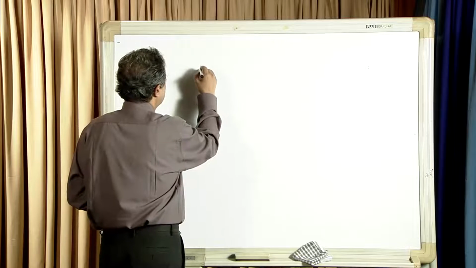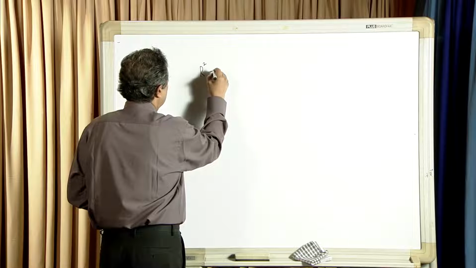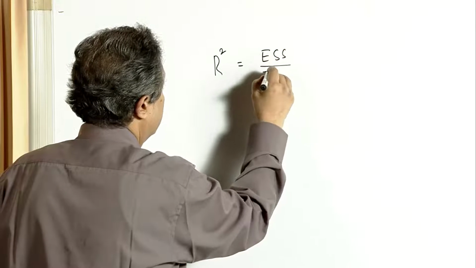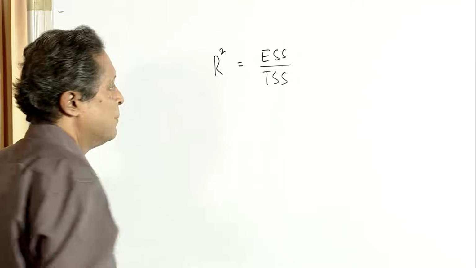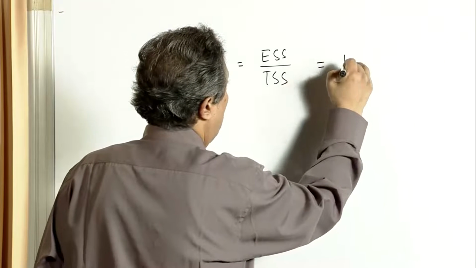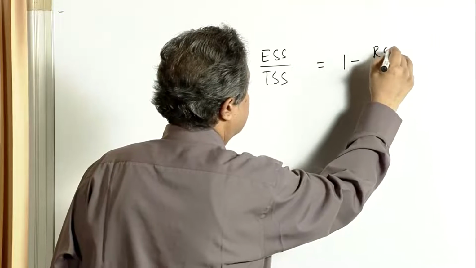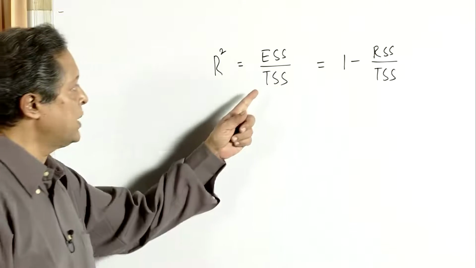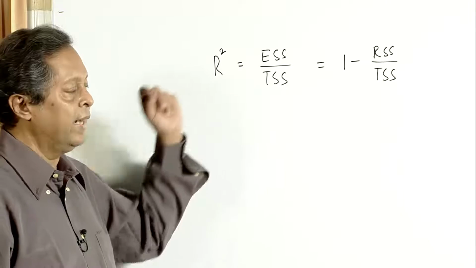So, R square is equal to explained sum of squares by total sum of squares, and that is equal to 1 minus residual sum of squares by total sum of squares, because total sum of squares is a sum of explained and residual sum of squares.